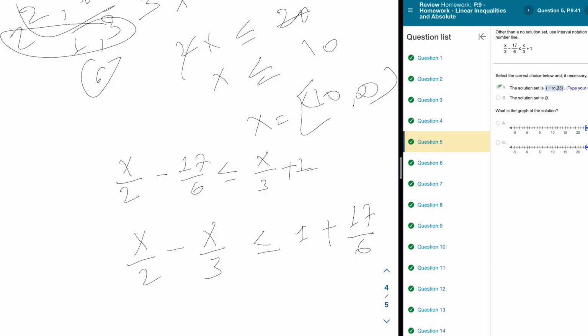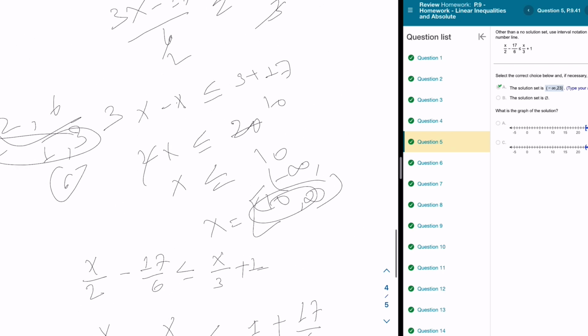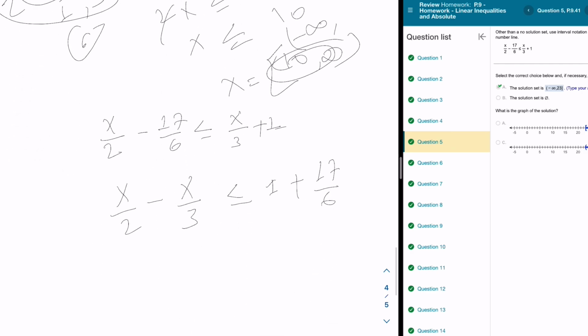Oh, x is less than, so minus infinity to... we have made some calculation mistake, I guess. Okay, let's solve.